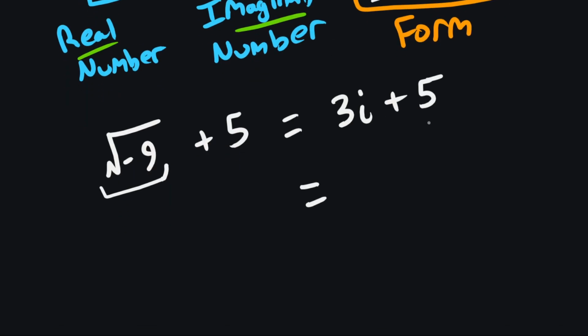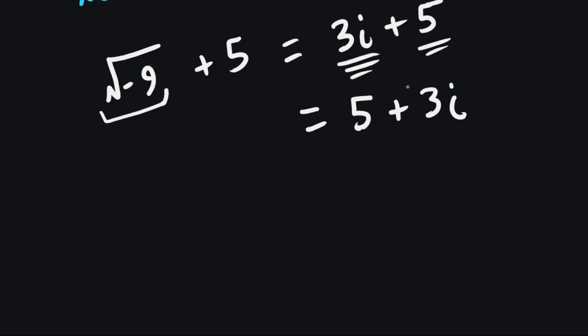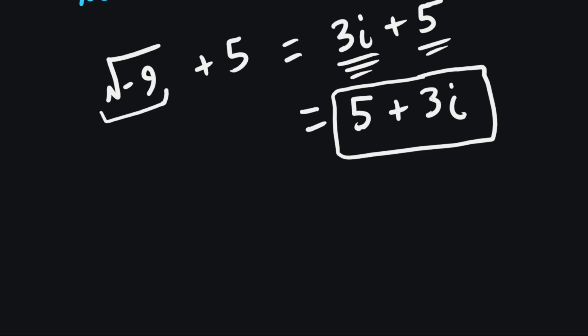Where's the real part here? Our real number is 5. So let's put that positive 5 first, plus our imaginary part, 3i, second. That's our bi term. And there we go, we put our complex number in a plus bi form.